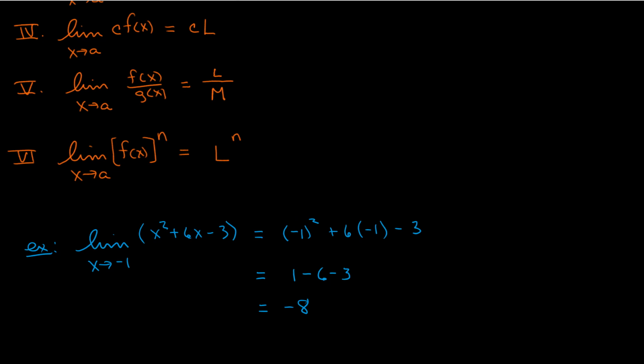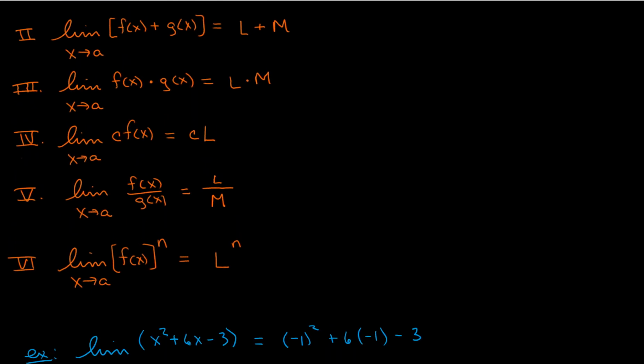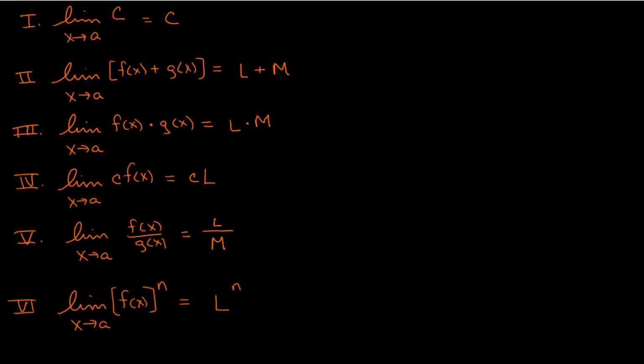Okay, so I'm actually here going to reference the fourth property, which says I'm just going to take 6 times the -1, and that'll give me my -6. And then the last term, well, gosh, that was a property? Yes, indeed it was. In fact, it's way up here at the top.